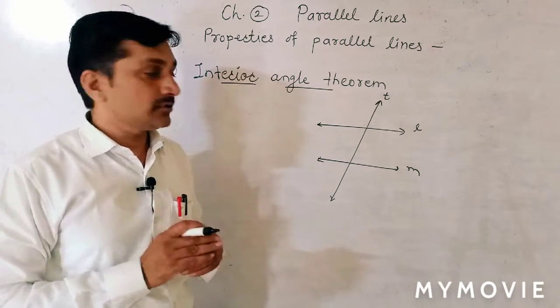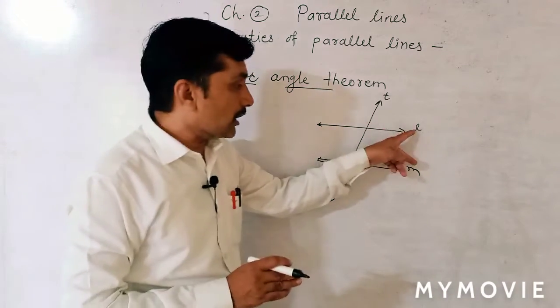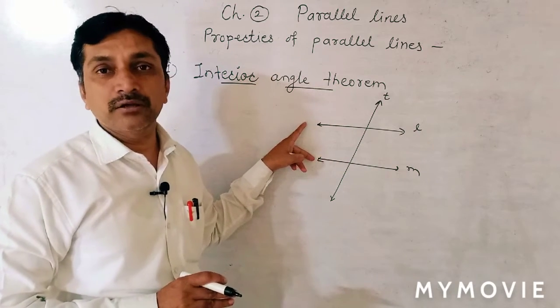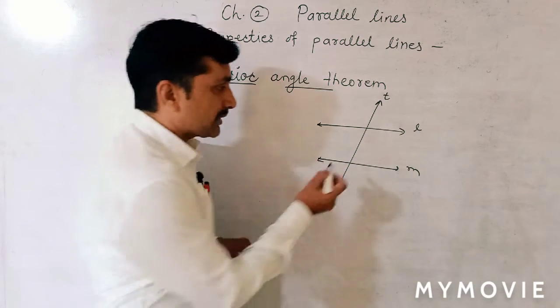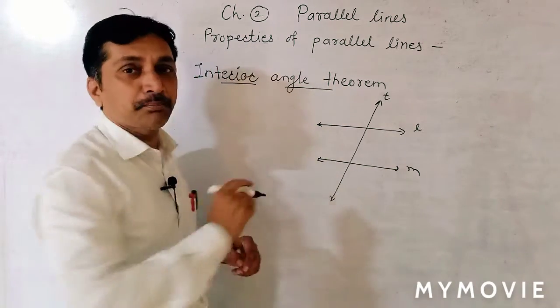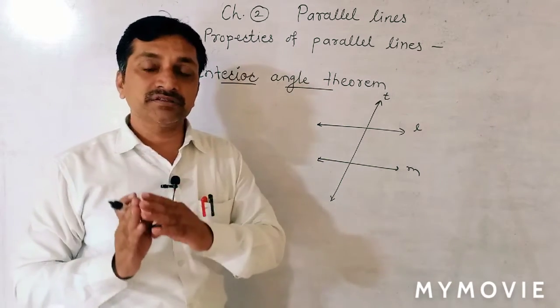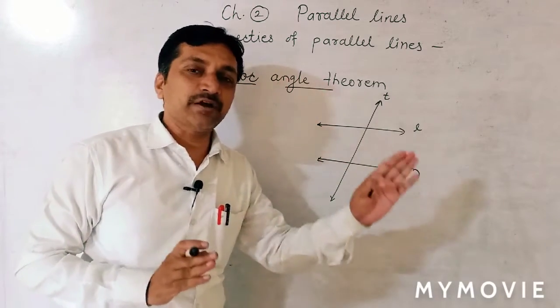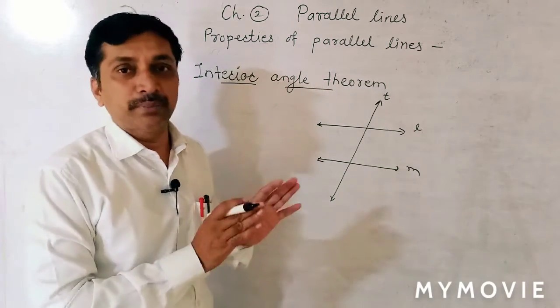But which are interior? Interior angles are lying between parallel lines. Between the parallel lines there are 4 angles, 1, 2, 3, 4. But which are interior? Pairs of interior angles lie on the same side of the transversal, between the parallel lines.